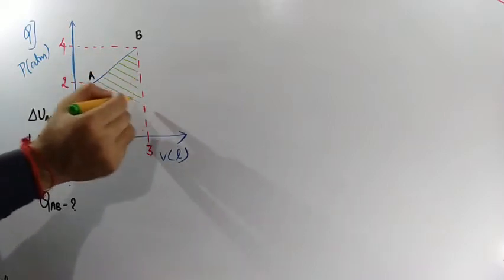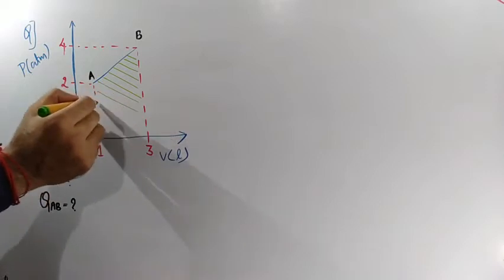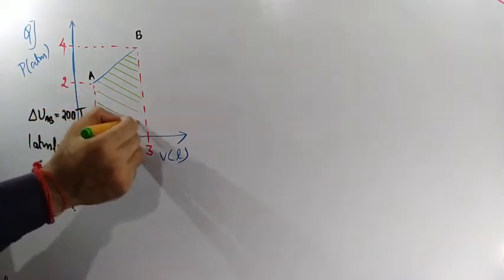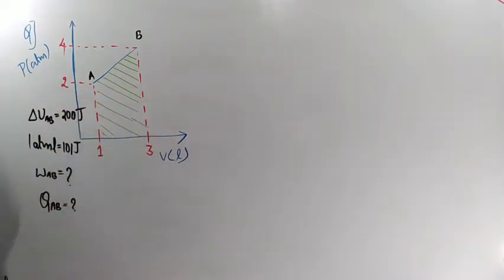Can you see this green color lines over here what I am drawing? Clear? That area we should have to calculate now. So what is the formula to calculate that? Area of trapezium.